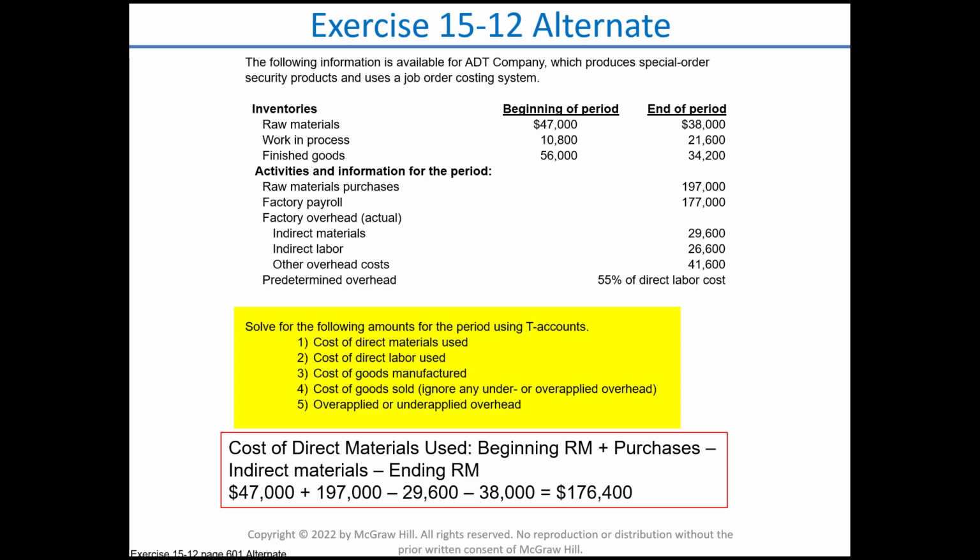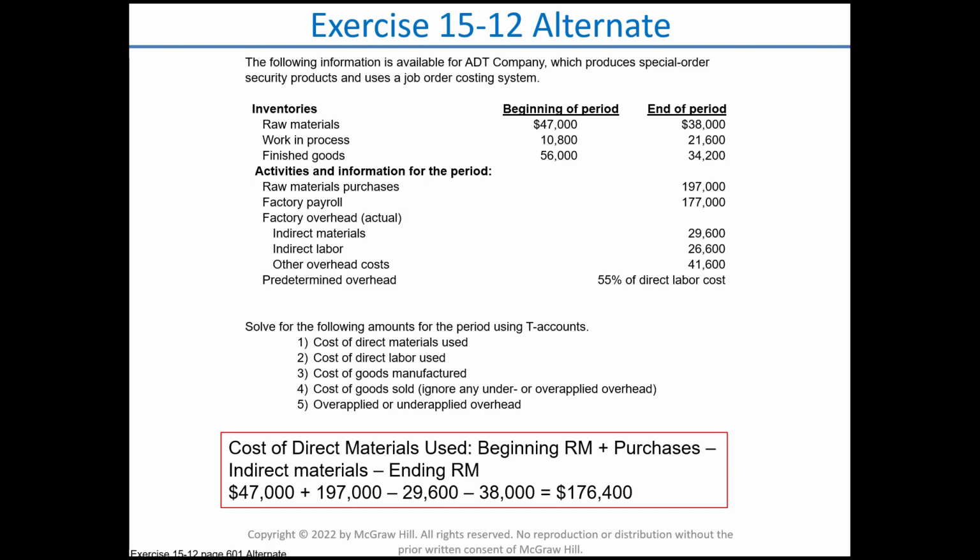The first 4 items we completed also in chapter 15, so this should be a review for these first 4 items. Then we will also look at something called applied overhead.